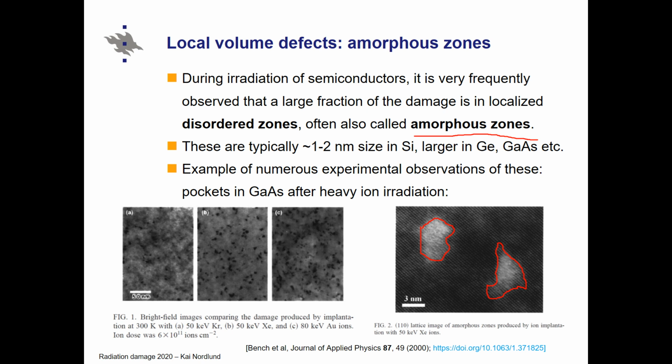And you can see that they are 2 to 3 nanometers in size. And these have been seen many times, and also molecular dynamics simulation can easily reproduce the formation of these disordered zones, as some of the simulations earlier in the course have already shown.